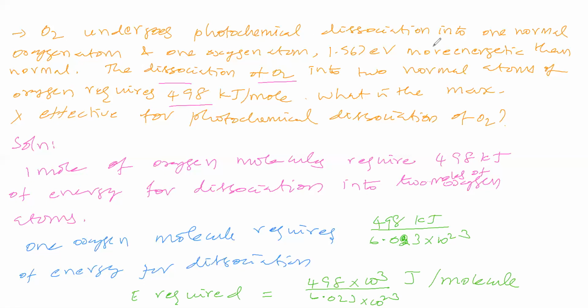In the first statement, oxygen undergoes photochemical dissociation into one normal oxygen atom and one oxygen atom 1.967 electron volt more energetic than normal. First we will convert this electron volt into joule, then we will proceed. 1 electron volt is equal to 1.602 into 10 to the power of minus 19 joule.